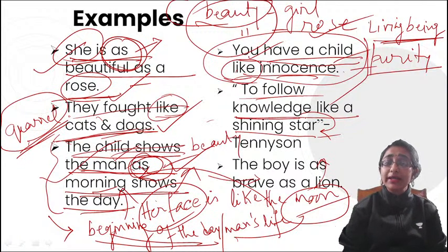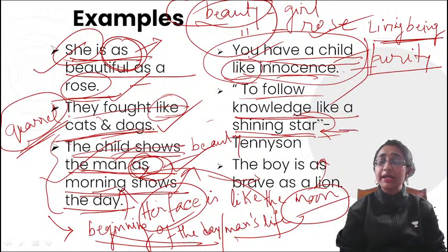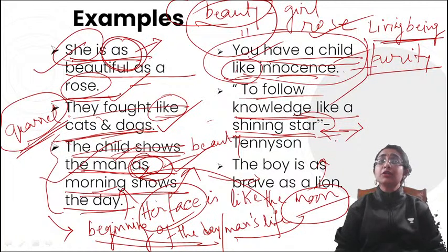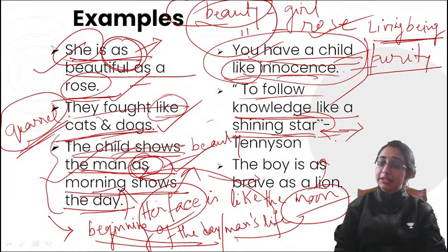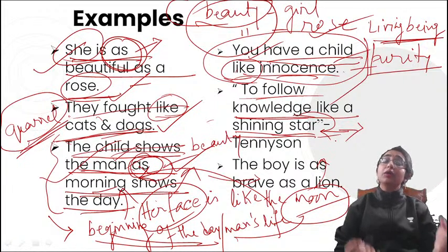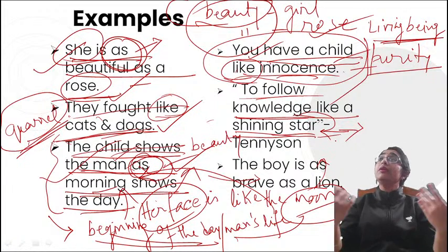To follow knowledge like a shining star means, as a shining star always guides us to the right path, to the right direction, similarly knowledge can also guide us to a new life.